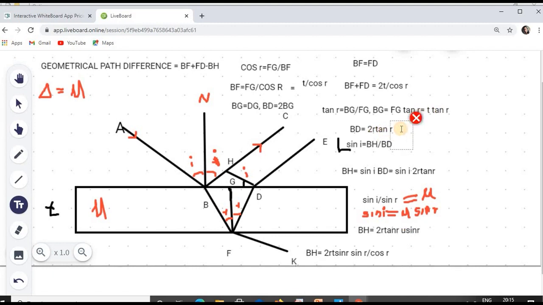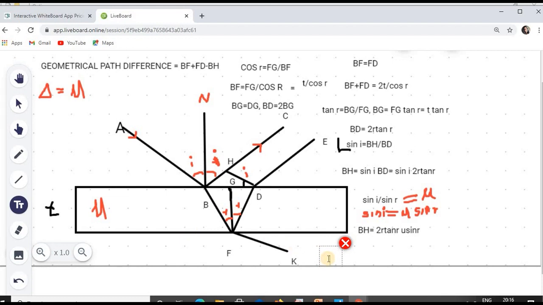I just misspelled it. It is actually t. So you have to change it here and everywhere else. Instead of r, you'll have to write t, then it will be clear.